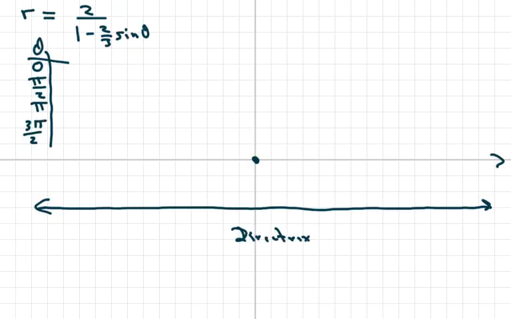So when sine is 0, you're going to get 2 over 1, which is just 2. It's going to be your r, and the same thing's going to happen with pi. Now, pi over 2, it's 1. So we're going to get 2 over 1 minus 2/3, which equals 2 over 1/3, which equals 6. So this is 6. And then at 3 pi over 2, it's negative 1. So this just turns to a positive.